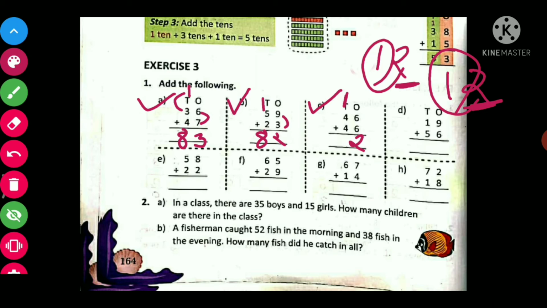So now 3 numbers are there: 1, 4, 4. So 1 plus 4, it will be how much? 5. 5 plus 4. It will be 9. Right? So we'll write 9 here.